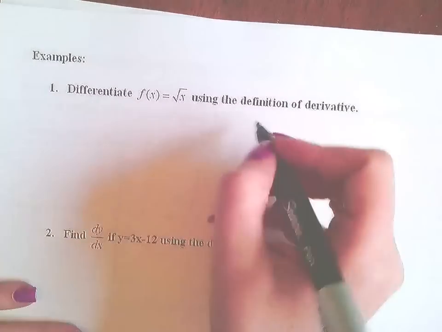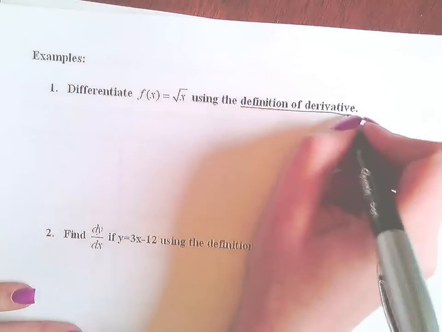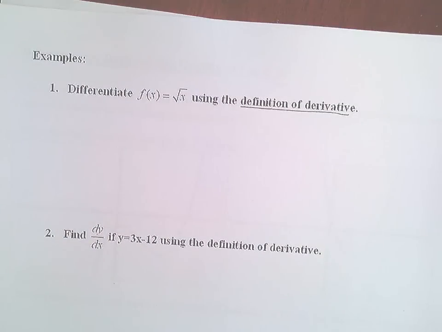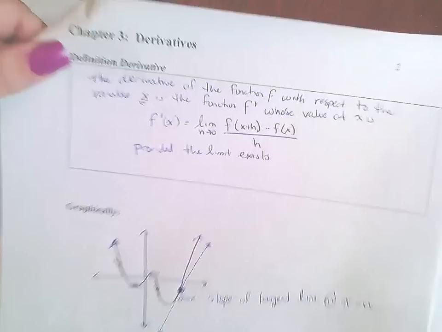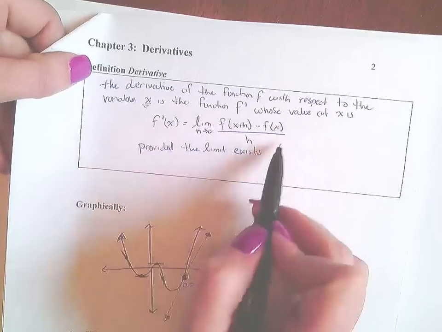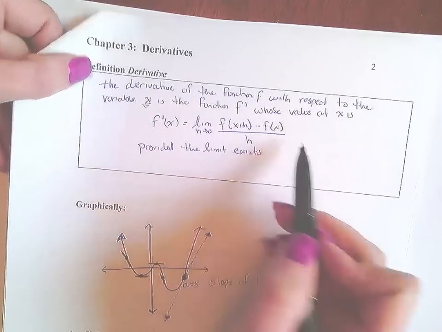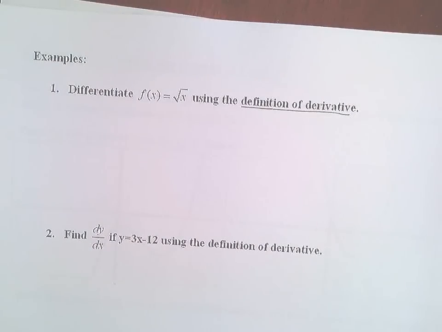So, this is nothing new. We're going to use the definition of derivatives. And what is the definition of derivative? It's the thing that you guys already know, the instantaneous rate. We're going to use the definition of derivative to actually find this derivative.